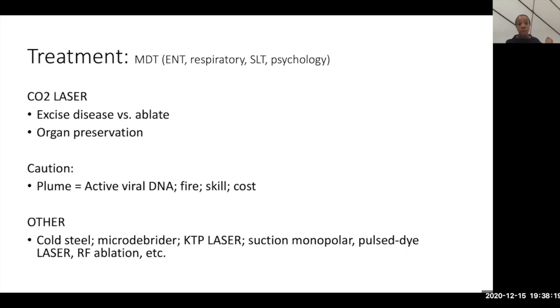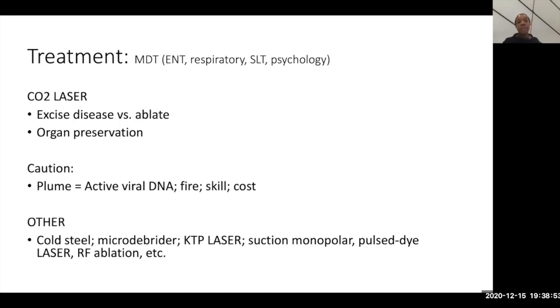The other thing to be aware of with laser is that while it's a nice piece of kit to use, it also comes with its own disadvantages. You think about the risk of fire and the cost of the laser itself. Not necessarily every facility can afford a laser. In other countries where this disease exists, where they don't necessarily have access to laser, they use other equipment.